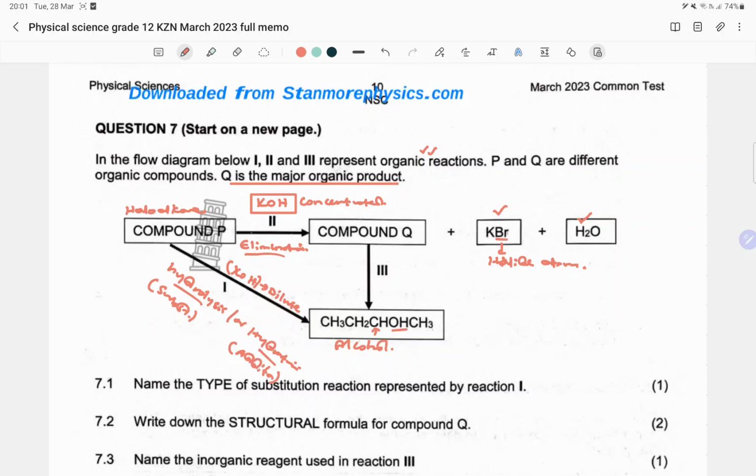Okay, but I think hydration depends on what we have, because you can still hydrate by doing a substitution, you know. So I wouldn't be too happy with this one, but what we know is that this is a substitution reaction as a result. Okay, so substitution, now we can tell that if this is a haloalkane, it is a hydrolysis reaction, which is the name of the type of this reaction here, which is a substitution reaction.